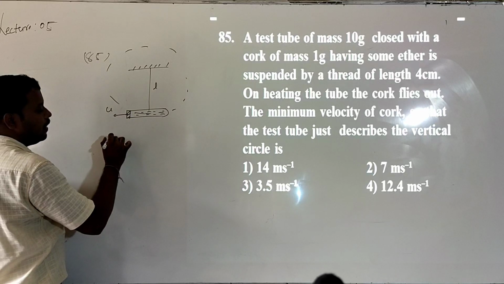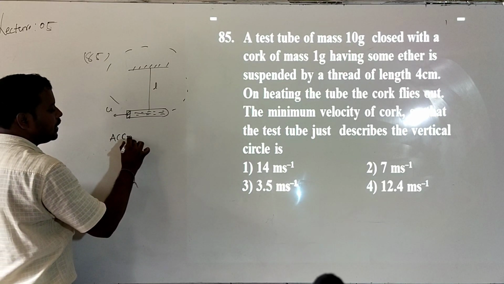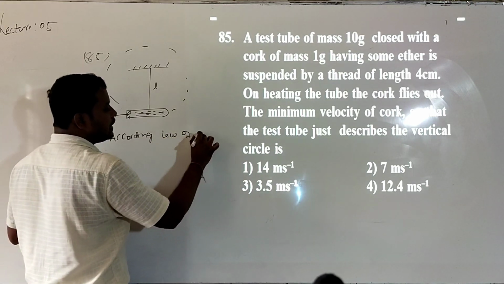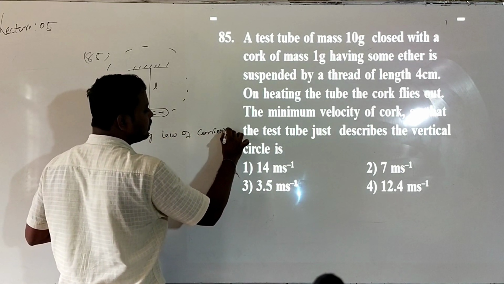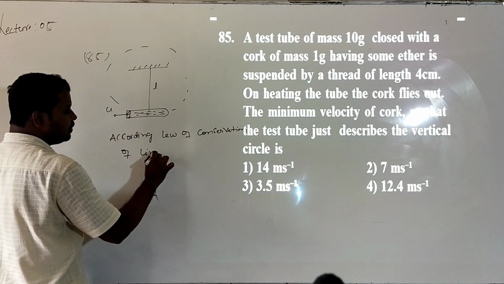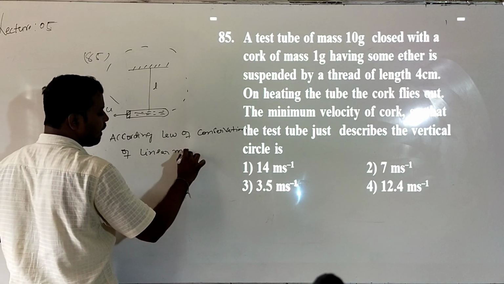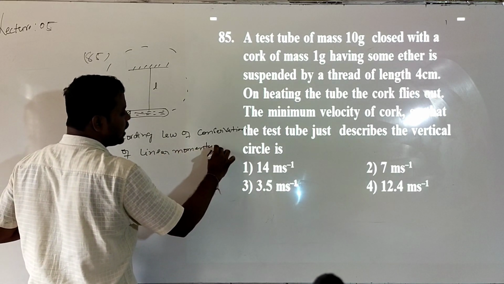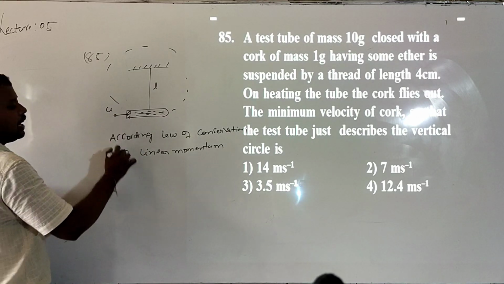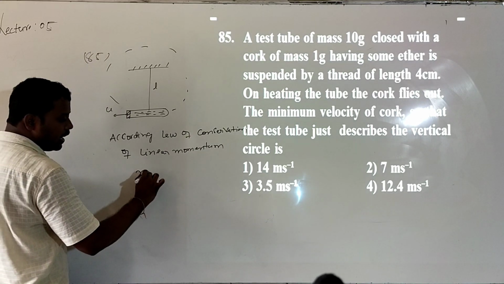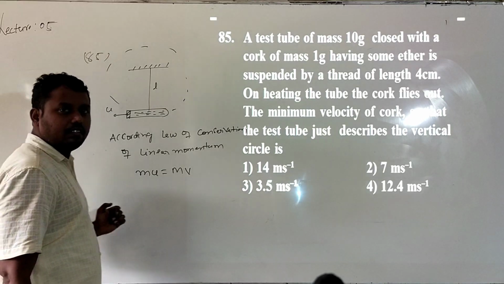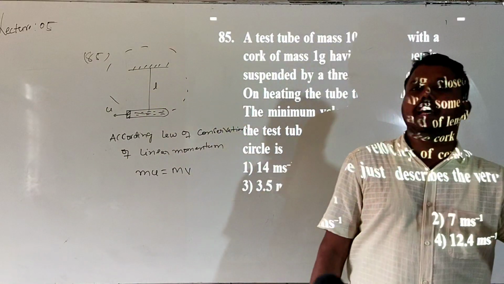So here I will apply the law of conservation of linear momentum. According to the law of conservation of linear momentum, what can I write? The momentum of the cork, m into u, will be equal to capital M into v. The cork comes out with a velocity u.